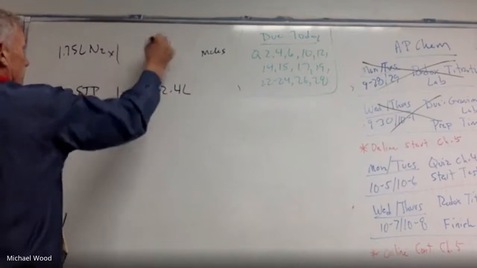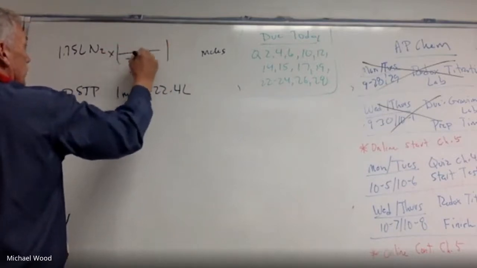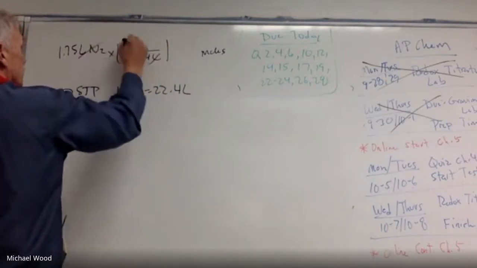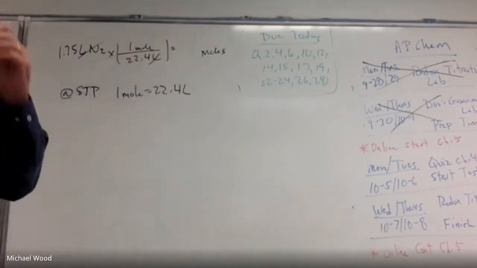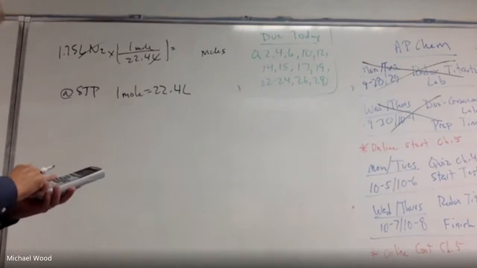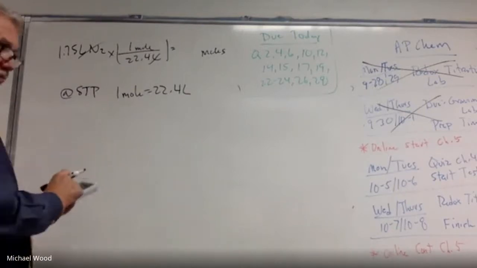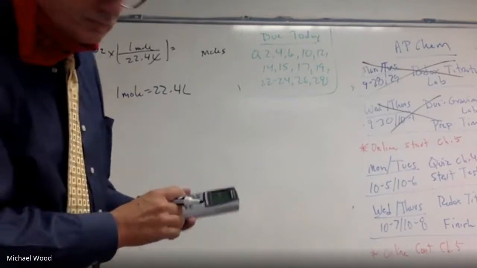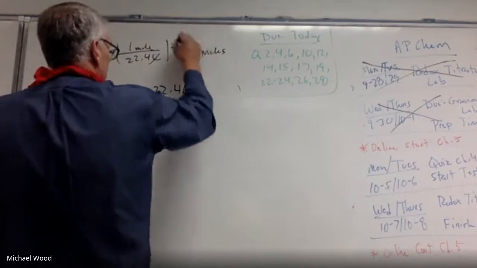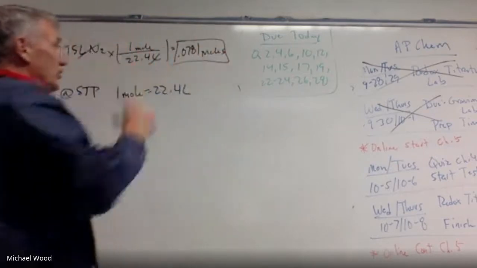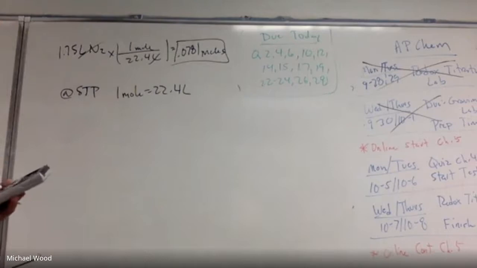So I'm going to use that here. I'm going to go 22.4 liters for every 1 mole. So if I take 1.75 divided by 22.4 gives me 0.0781. So again, that's the way I would do it. When it's at STP, it's just a conversion.